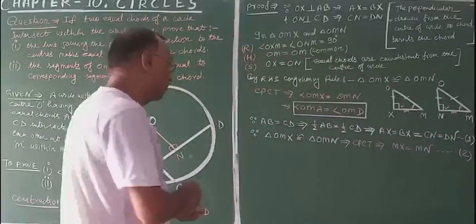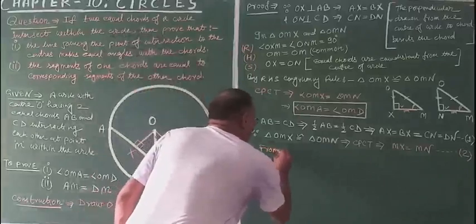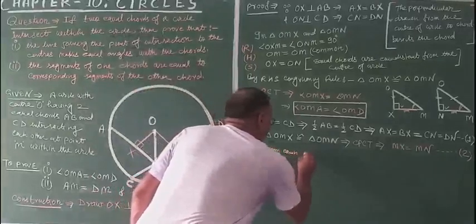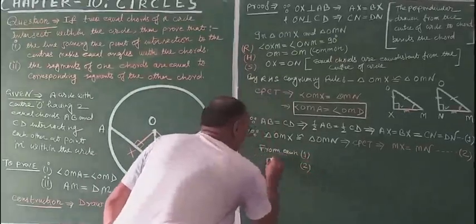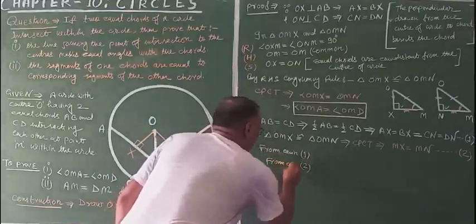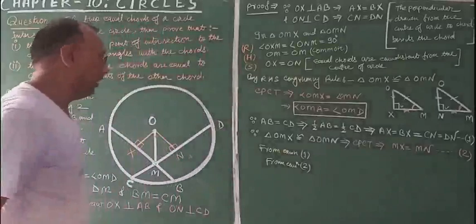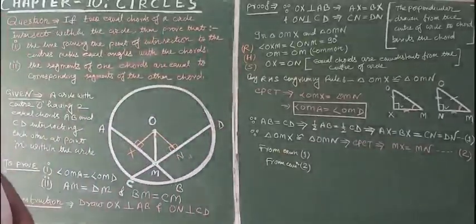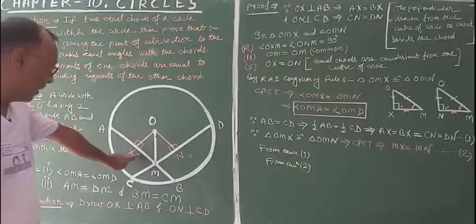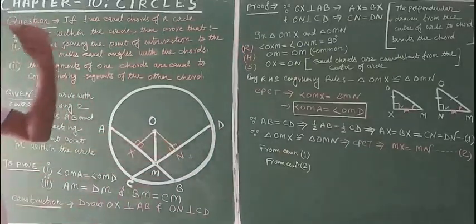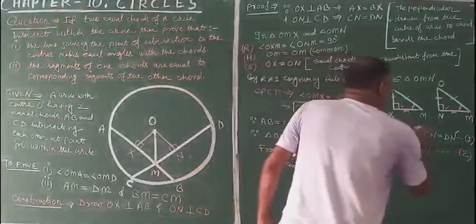Now just look here. From equation 1 and this is from equation 2. What is there? AX is equal to DN. These two parts.